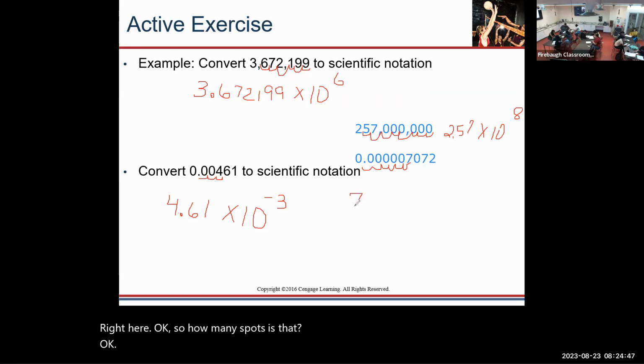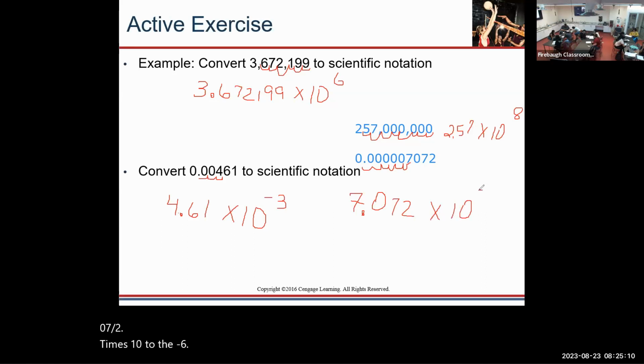So then it'd be 7 point 0.072 times 10 to the negative 6. Okay? Simple? Okay, great.